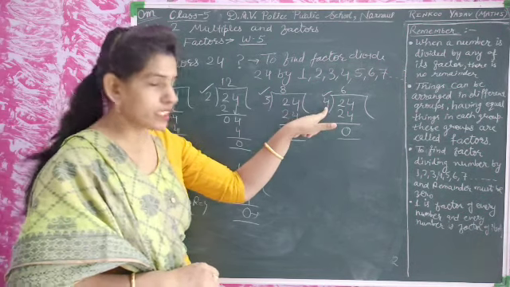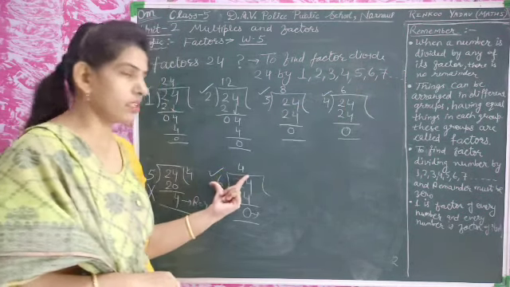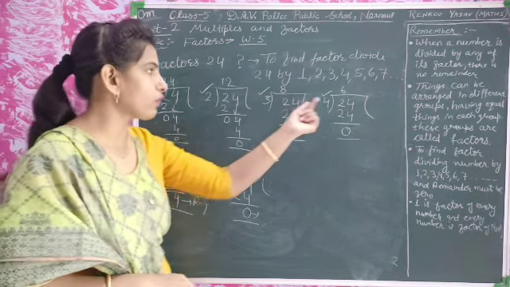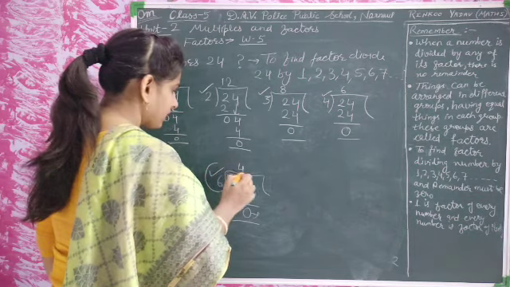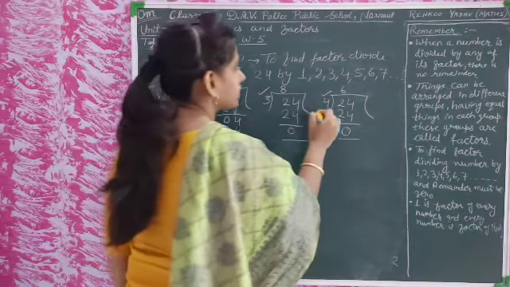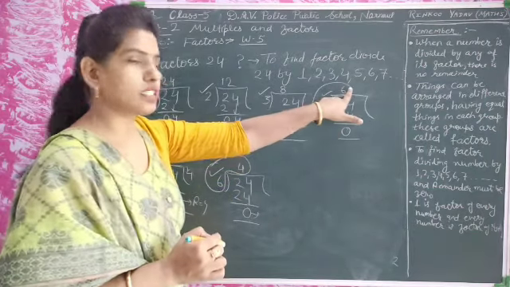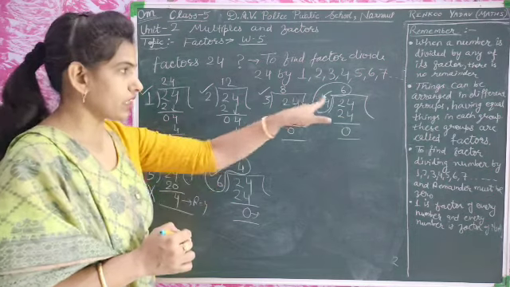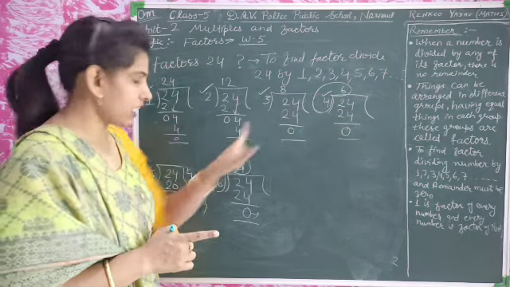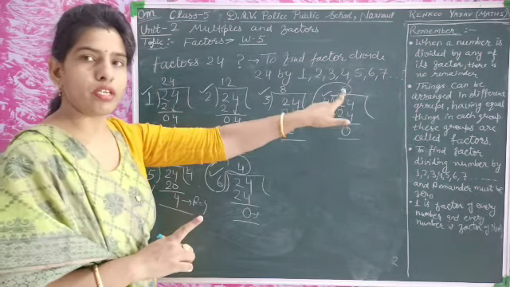And if it is divided by 4, the quotient is 6. Both numbers are the same here. There is 6, there is 4, there is 4, there is 6. So 4 is a factor, 6 is a factor. We are checking that 4 is a factor, and we are checking that 6 is a factor, and both numbers are the same here.